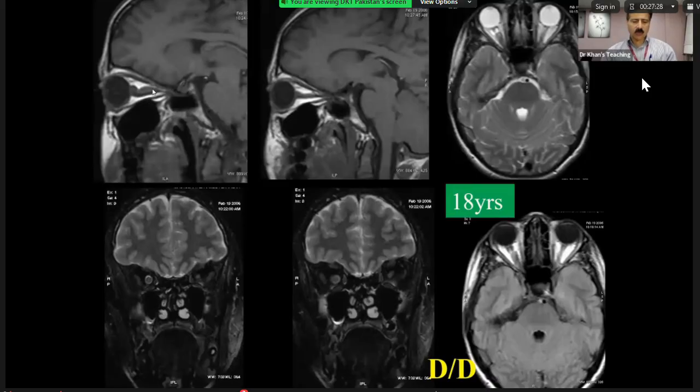This is the optic nerve. This is the optic nerve. You see this optic nerve is thickened and slightly tortuous, and this is straight. They say that even if you see a difference of about 2 millimeters with the clinical context, you can call it an optic nerve glioma.